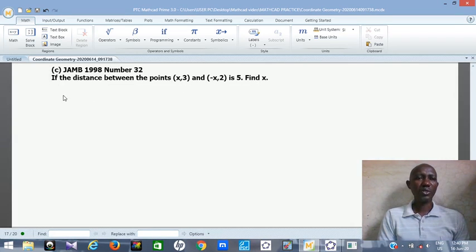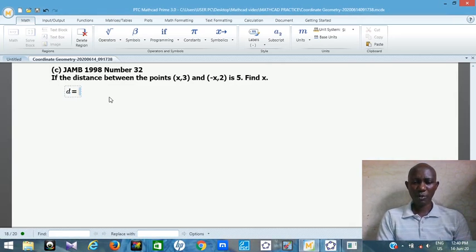So all you need to do here is to use your distance between 2 points formula. We are not going to waste time on this. Remember our distance formula.